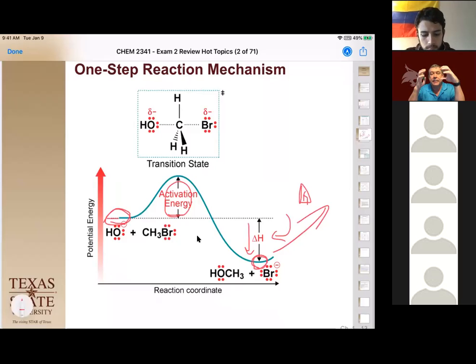That's the energy it takes to get to that place where you've pushed past all those electrons trying to force you away, and you're starting to form that new bond. So that's that transition state. In a one-step reaction, we call those concerted because it happens all at once, okay? And this is an example of something like an Sn2 reaction, the bimolecular reaction, where you do a substitution and it happens all in one step.